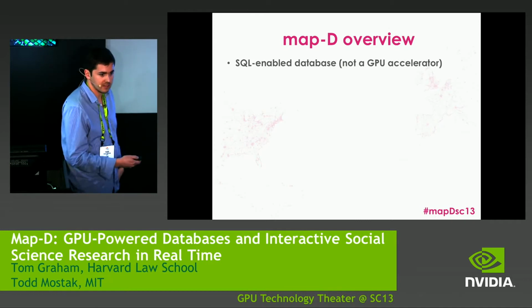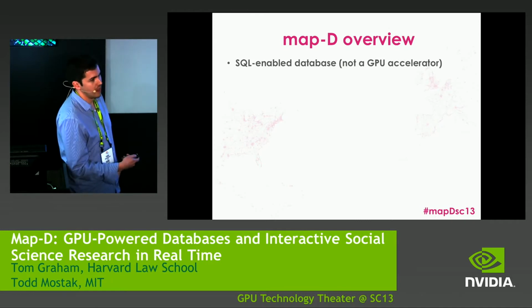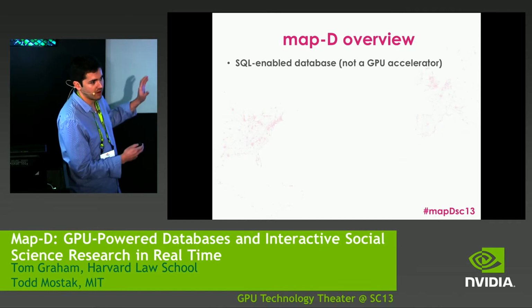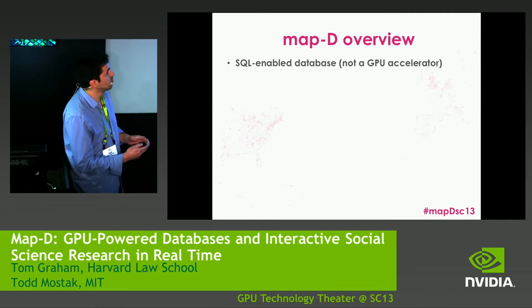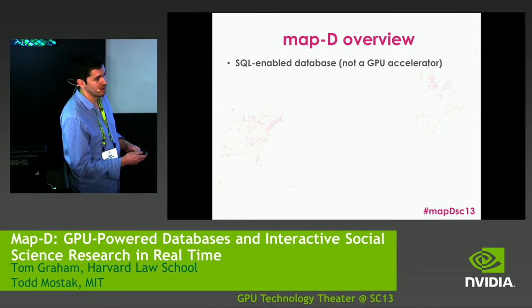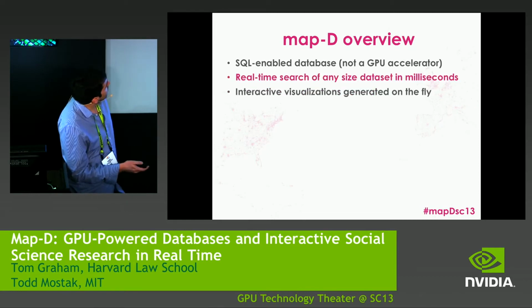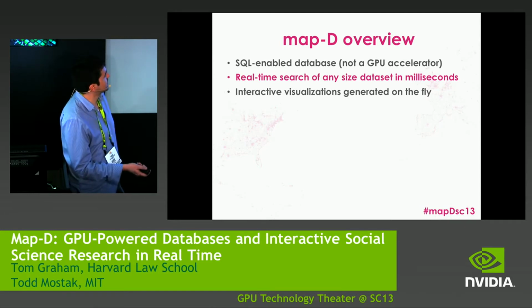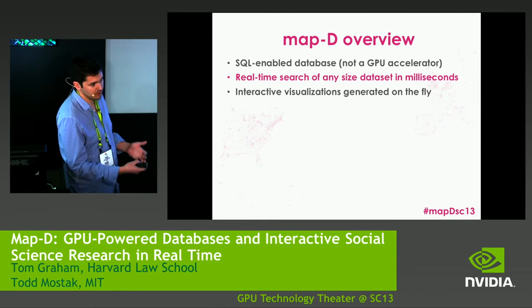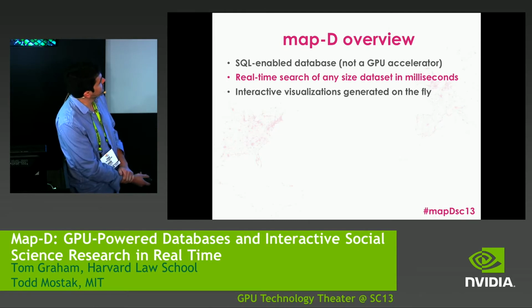So like Tom said, it's a full SQL database. You can query on the back end without all of these nice visuals. It's just select whatever. You can basically search any size data set, if you can scale up to multiple GPUs and multiple nodes, in milliseconds.